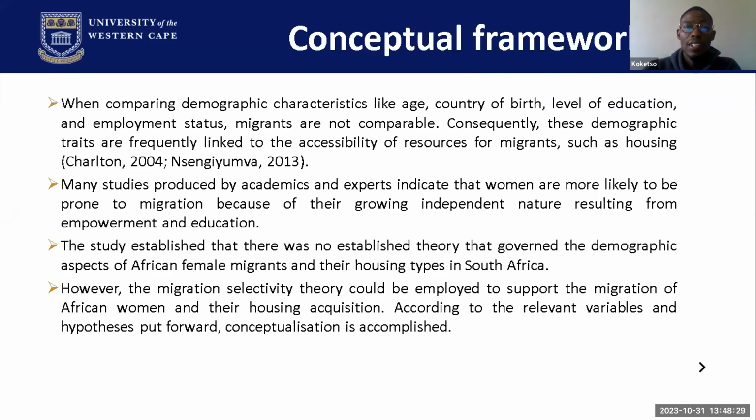Now, when we link it to the socio-demographic characteristics, for instance, age, we can tell that African female migrants who are likely to migrate to South Africa are probably in their adult years and in their youth, unlike those who are in their elderly years and those who are children, because most of them are dependent. Those aged 0 to 14 are child dependents, and those aged 60 and above are adult elderly dependents.